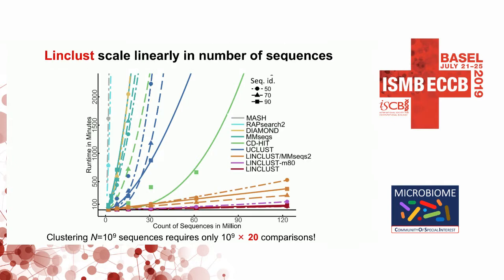And LinClust, as I will explain to you in a minute, is basically showing a linear behavior. So that means that you can cluster not only sets of 120 million where the current tools really start to fail, all of them, but you can cluster sets of really billions of sequences, at least a factor 100 more.